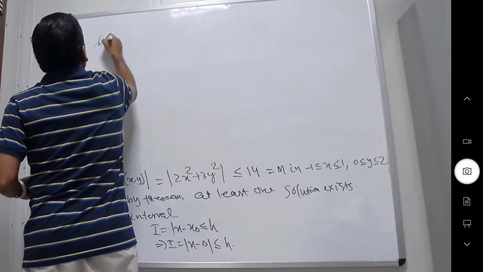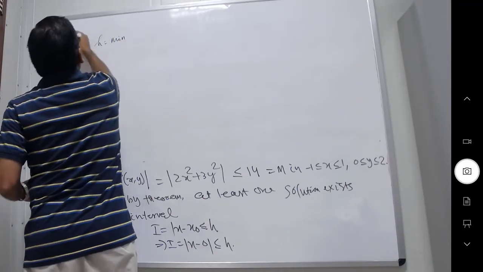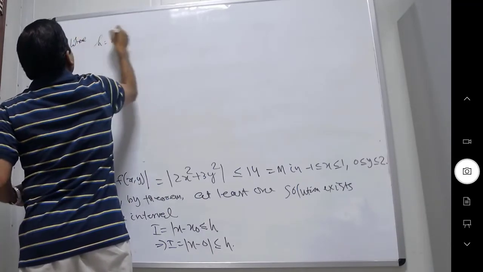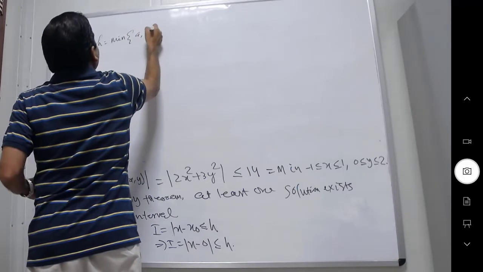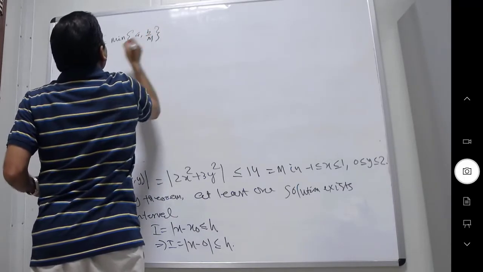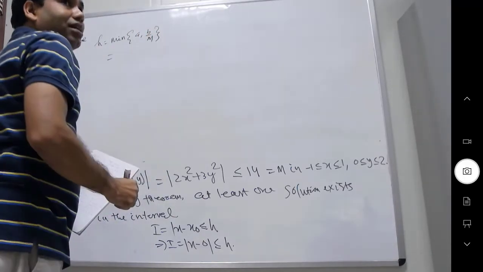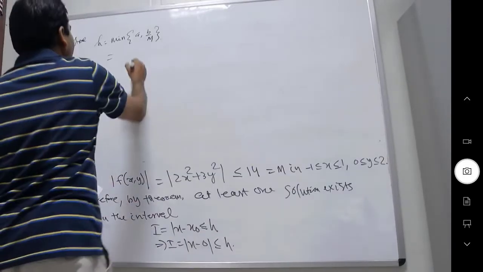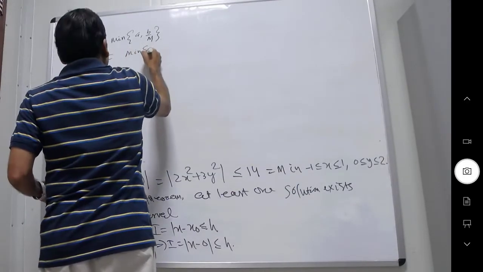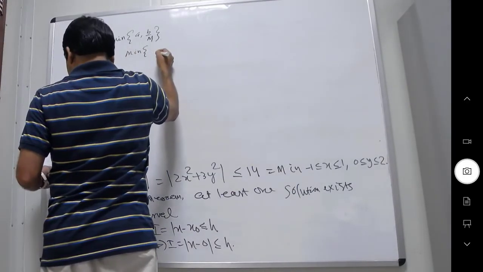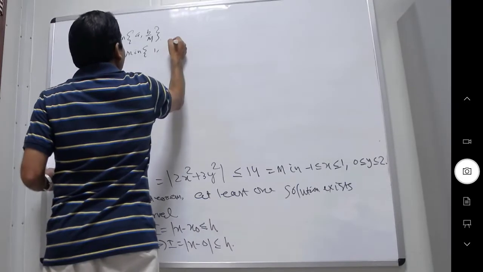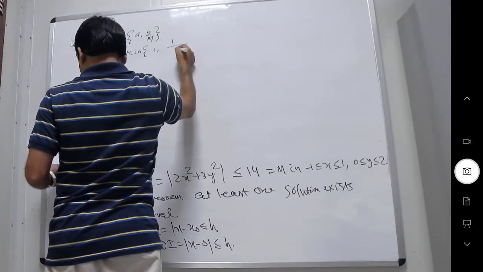So h is equal to minimum of a comma b by M. What is it here? So a is 1, b is also 1, M is 14.